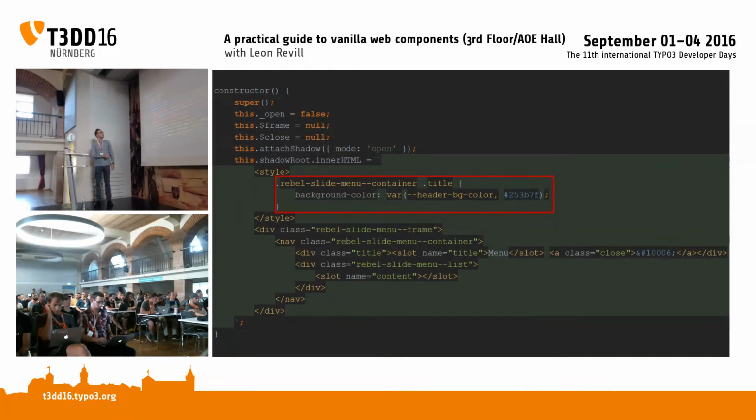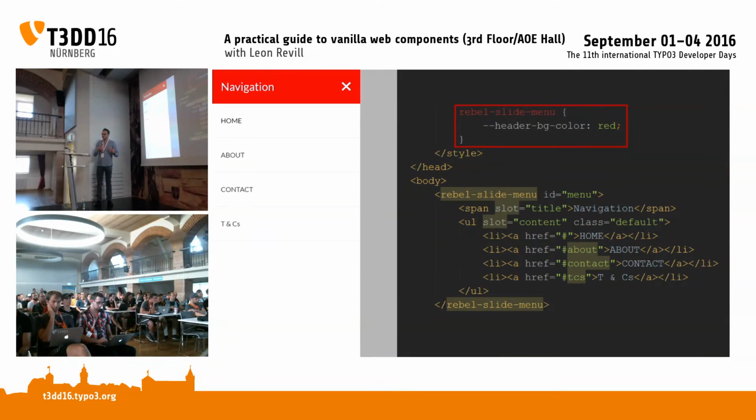That means when a user wants to change these CSS variables, just by adding some normal CSS using the tag selector, that's the custom element of our web component, they can set up that variable that we specified inside our component, change it to whatever value they like, and then our component is going to pick up that style. So again, we can build out an API that is going to allow users to theme the components.